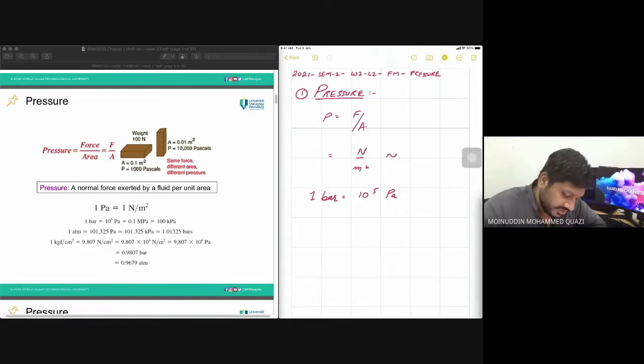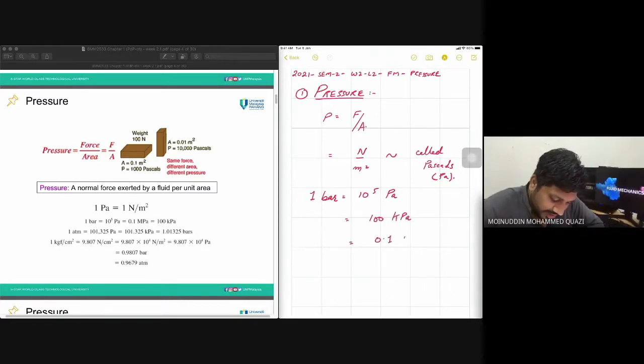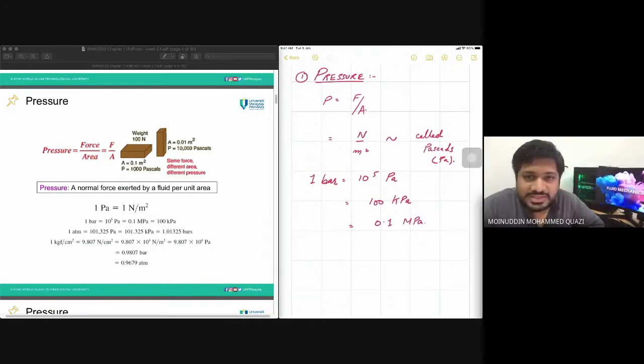However, in fluid mechanics, pressure is also expressed in another unit called bar. 1 bar is equal to 10 to the power 5 Pascal. So if I say I've got 1 bar of pressure, it means 10 to the power 5 Pascals, which is 100 kilopascals, or 0.1 megapascal. 1 mega means 10 to the power 6. So this is the unit of pressure.